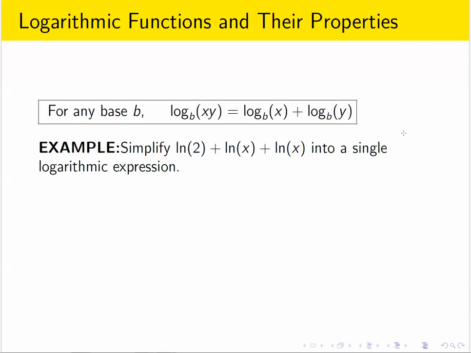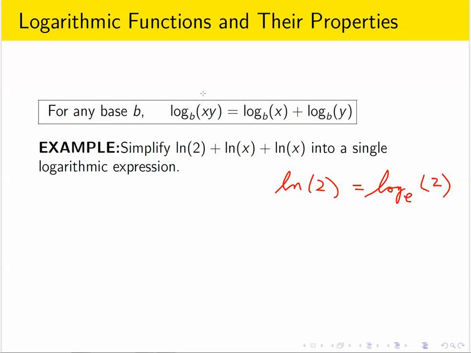Let's use that rule to answer this question. I want to simplify this expression into a single logarithm instead of writing three logarithms. Now ln here, remember, ln of a number is really just log base e of that number.